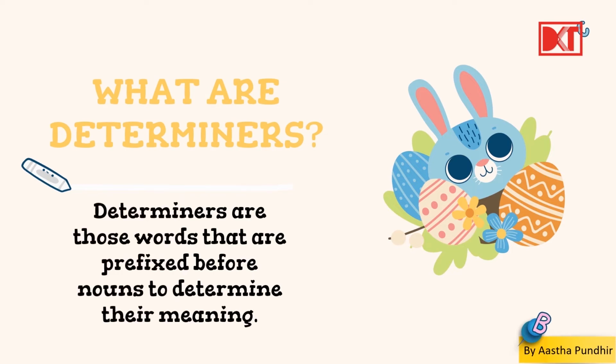Okay, so quite obviously the first question that we have to answer is what exactly are determiners, right? Determiners are the words that are prefixed before nouns to determine their meaning. Now this might seem like a little bit confusing or vague definition, but once we see the examples it will be clearer.